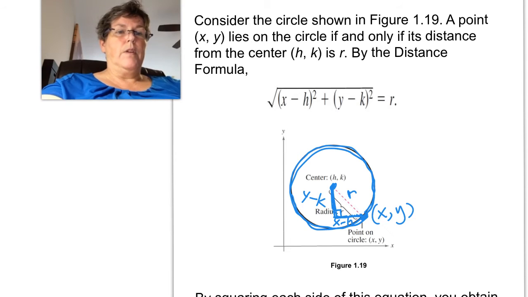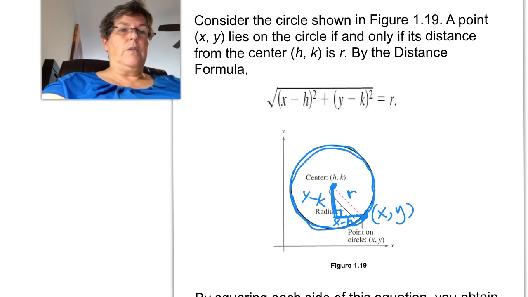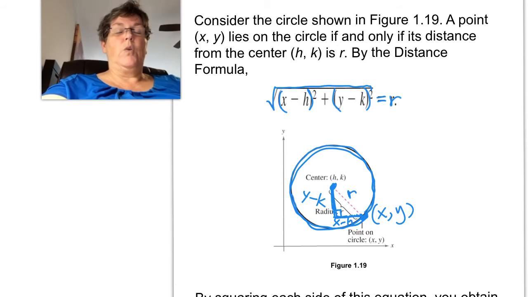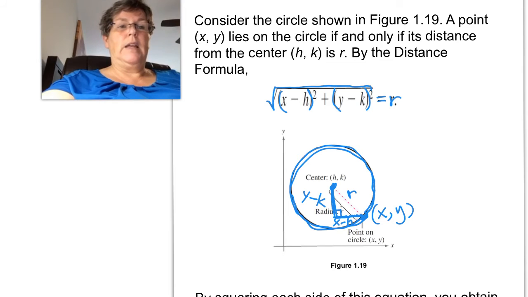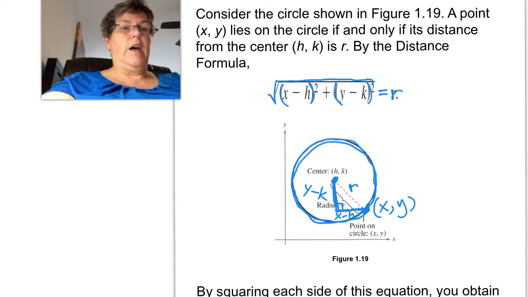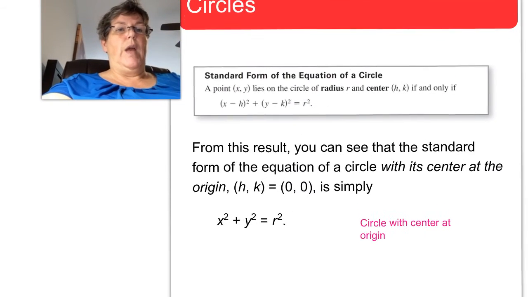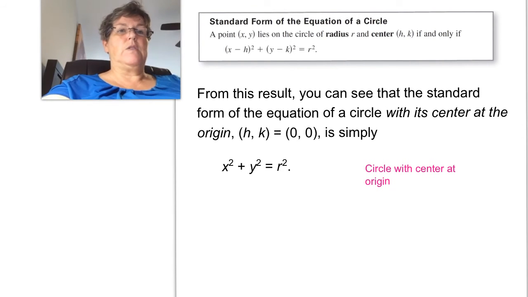So all I end up with is the relationship that in a right triangle, the square root of the square of the two short legs added up equals the longest leg. So the distance formula basically lays out the relationship that I can now say is an equation of a circle. We don't usually have it in standard form with a radical in it, so if you simply square both sides, you end up with the standard form of the equation of a circle.